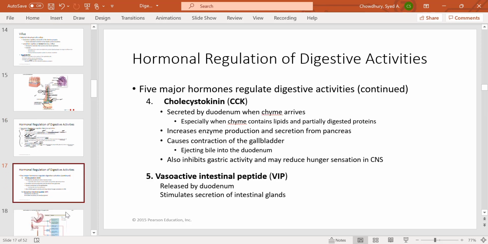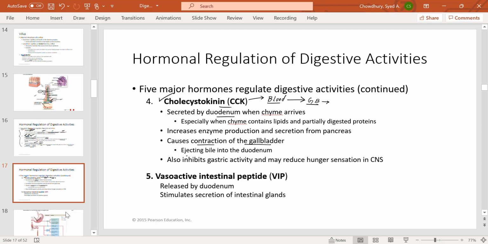Okay, so which is better. Another hormone that is called cholecystokinin. It is secreted from the duodenum too, and this cholecystokinin is mainly released when the fatty food enters into the duodenum and causes contraction of the gallbladder. So this cholecystokinin or CCK will enter into the blood. All hormones are secreted into the blood, and then blood will take it to the gallbladder, and this hormone will cause contraction of the gallbladder.